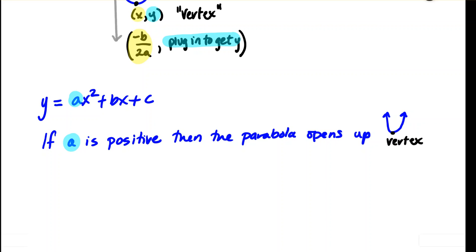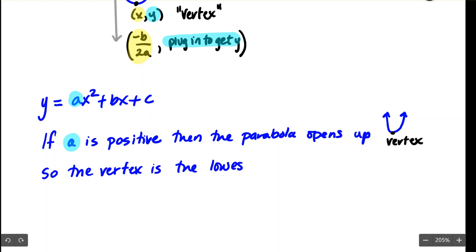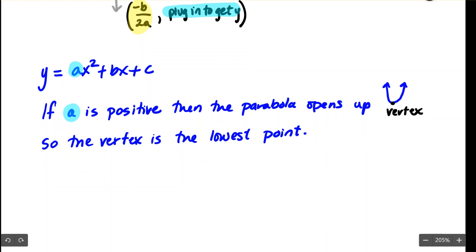It's a lowest point. All right, and if a is positive, you know it's opening up, and that vertex is going to be a lowest point.